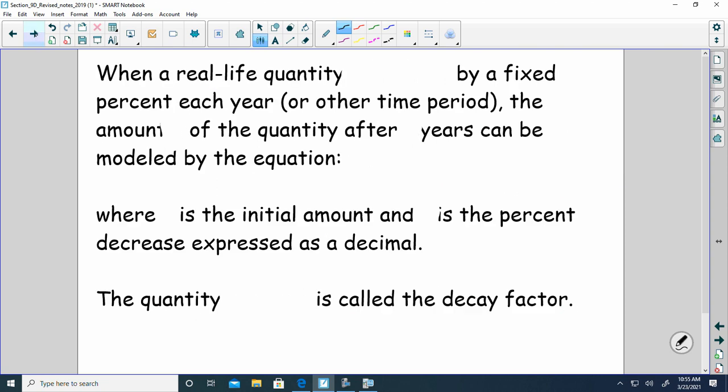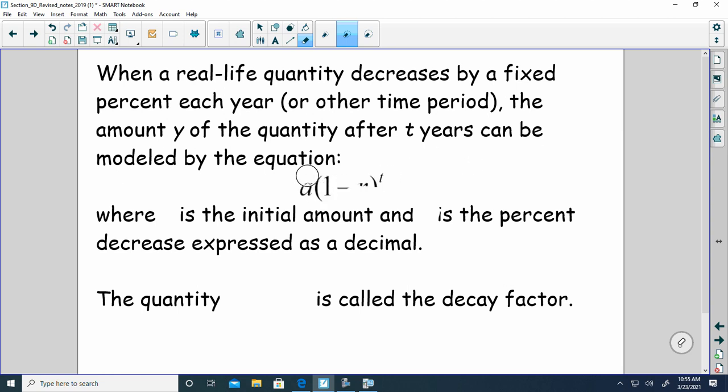All right. Okay, so when a real life quantity decreases by a fixed percent each year, the amount y of the quantity after t years can be modeled by this equation.